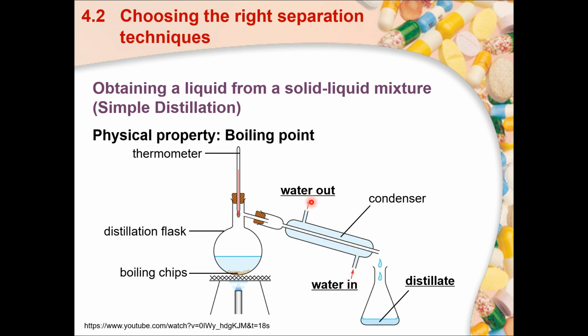If the condenser does not have cool water, all my vapor will still pass through and then still escape out. Okay, so it's very important. We need to put cool water, cold water even, inside, condense my water vapor, and then it will become liquid and drip out here. So this was a very quick recap of the four separation methods we learned.